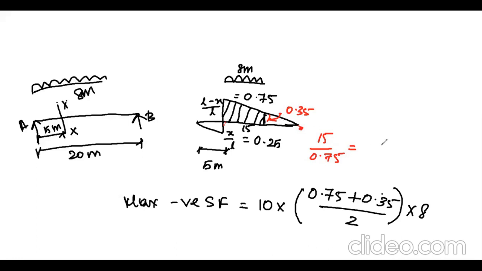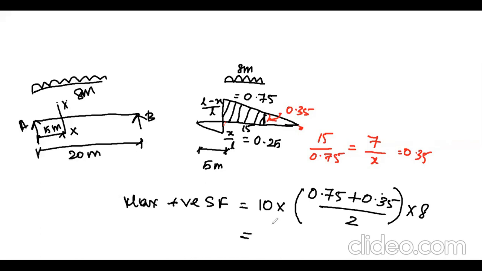So what is the value for the distance of 7 meter? Since the load is 8 meter, here the distance will be 7 meter, right? This value is 0.35. We are using that 0.35 here and obtaining the area of the influence line under the load using the trapezoidal formula. Now the value of positive shear force, I'm very sorry.